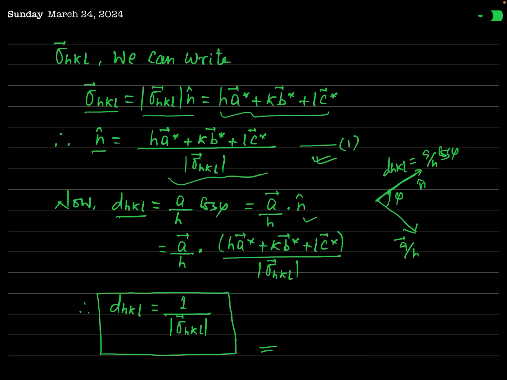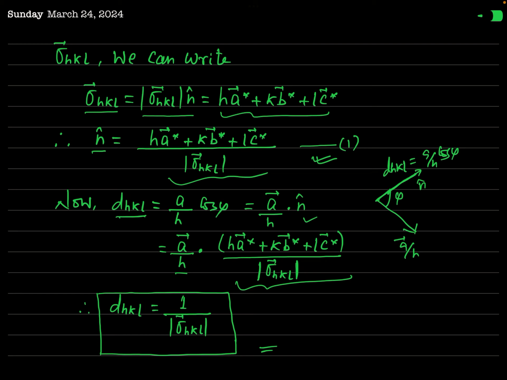So in place of n hat, now you can use h a star plus k b star plus l c star over modulus of sigma_hkl. And so d_hkl is a over h dot h a star plus k b star plus l c star over modulus of sigma_hkl.